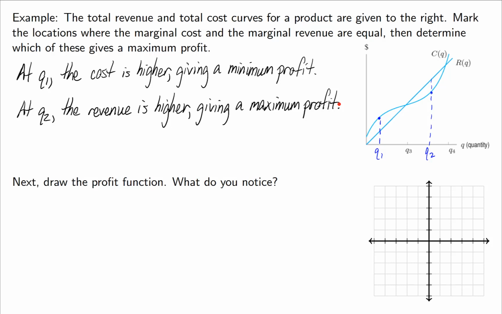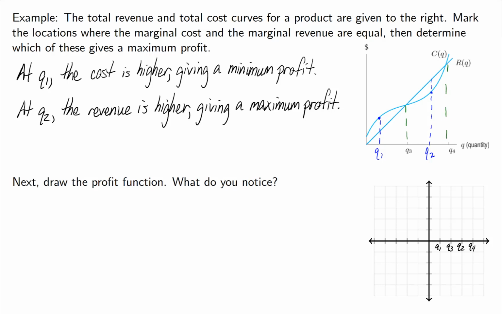Now let's draw the profit function. We're only going to need the right side of this graph, but remember, profits can be negative or positive. Let's mark down our points. Notice they are in a bit of a strange order, but I'm going to just call this one Q1, Q3, Q2, and Q4. These 4 points match up with a few things. Notice here that Q3 and Q4 are break-even points.